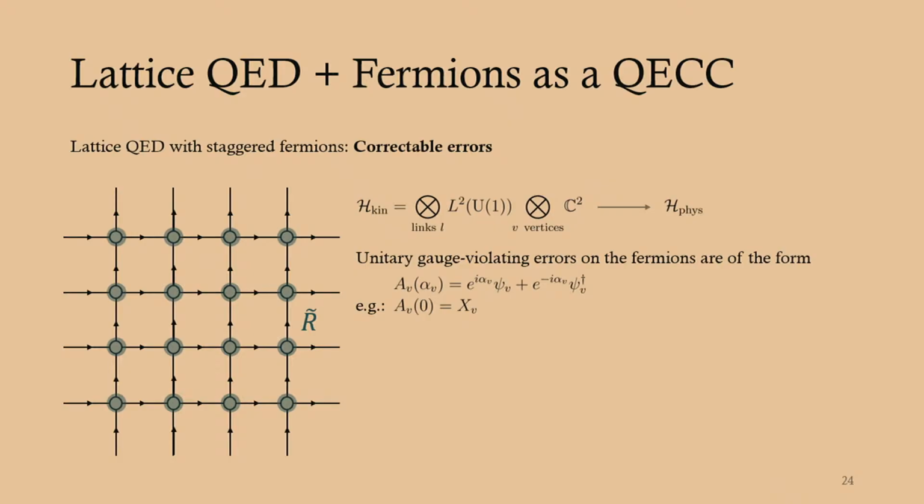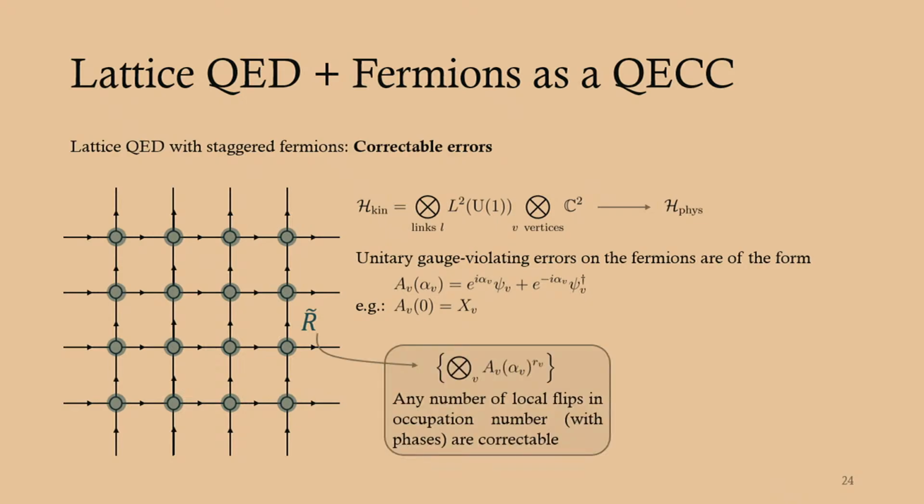So I can still use the same idea from before, but now I will only be able to correct this error via coarse graining of charge sector measurements. And if I do so, the set that I obtain is this here. So I get a big set of all possible local flips in occupation number on every site, which is correctable. So this R_v is either 0 or 1, indicating whether this error happened or not.